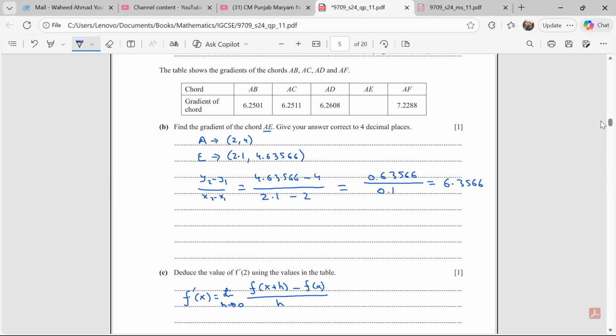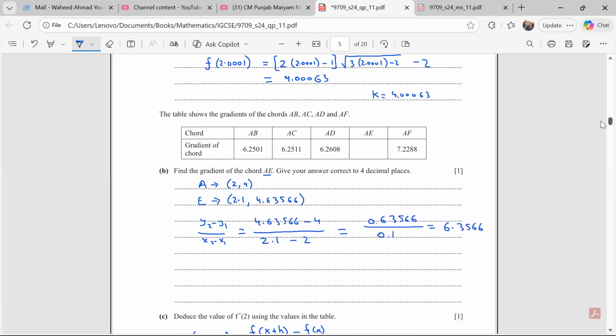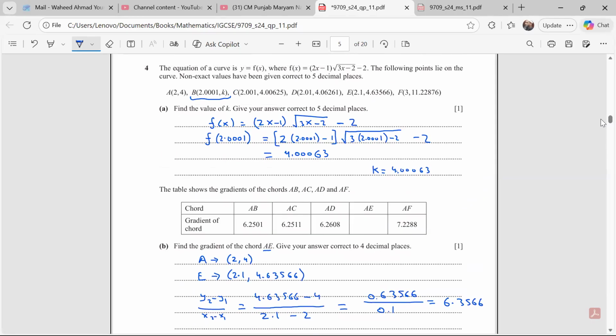Now look at all these points. The given points, A is the starting point, and all the points B, C, D, E, F are a little bit away from A, right? In A, the x coordinate is 2. Here it is 2.0001.